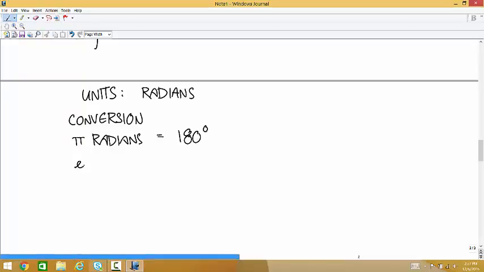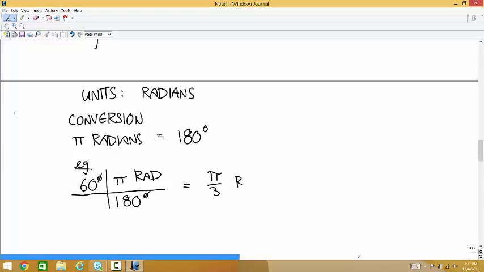So, for example, 60 degrees, to do this conversion, multiply that by pi radians over 180 degrees. The degrees cancel, and you end up with pi over 3 radians, or 0.3 repeating times pi.